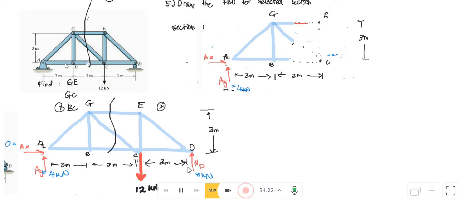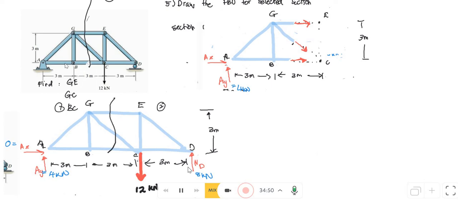So we assume tension. Can you remember? Tension should be away from the member, because we are talking about the member. So tension, the force should be away from the member. It will be easier for you to remember that. So this is also away.